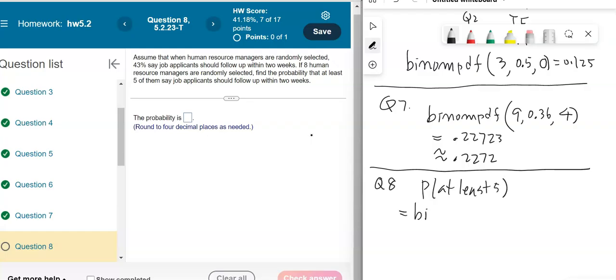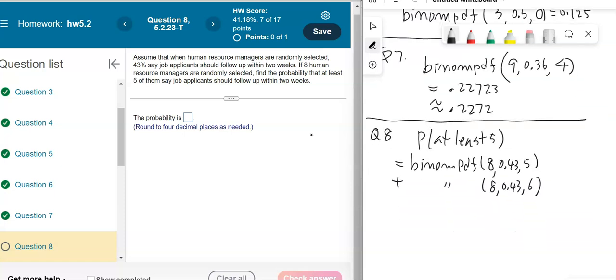That means binom PDF of 8, 0.43, 5 plus binom PDF 8, 0.43, 6 plus binom PDF 8, 0.43, 7 plus binom PDF 8, 0.43, 8.